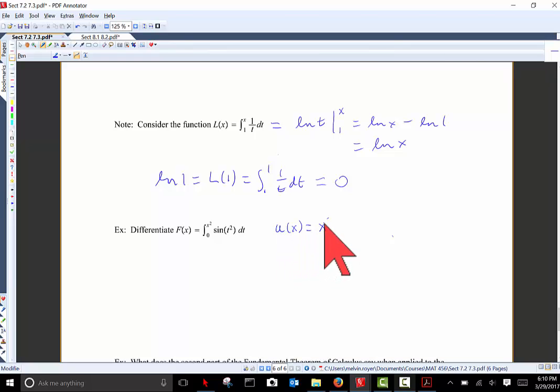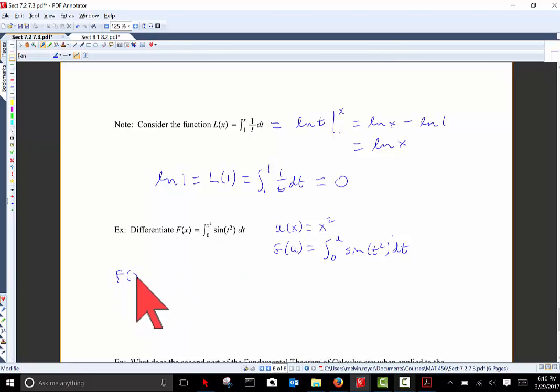Let's let u of x equal x squared because of what the upper limit is. And let's define a related function g of u to be equal to the integral from 0 to u of sine of t squared dt. So obviously the pieces I'm picking aren't random, they're related to the function in a very special way.